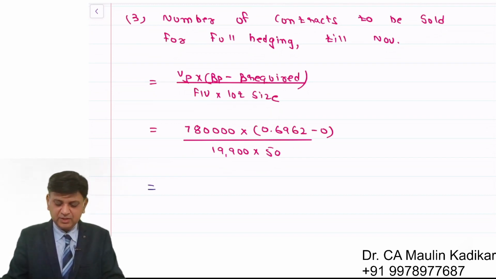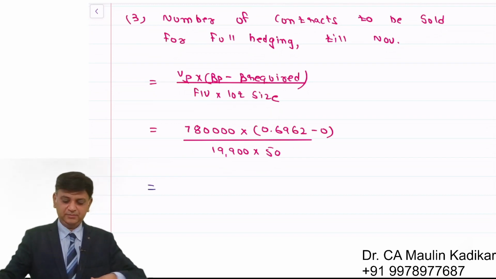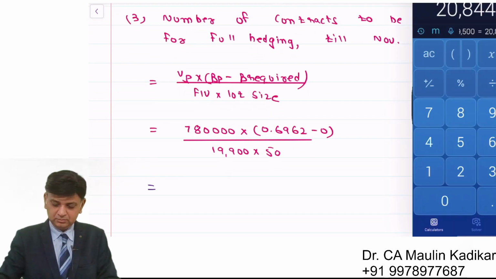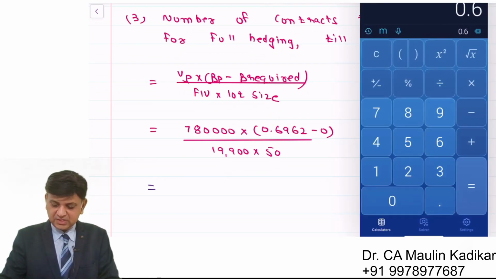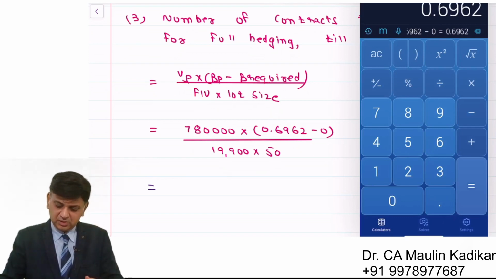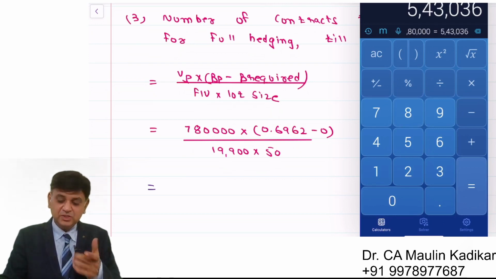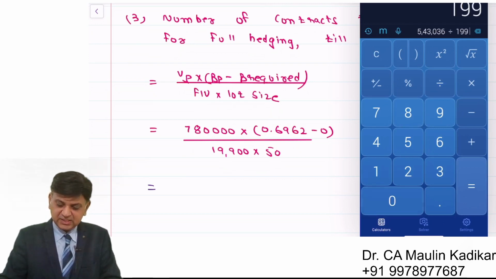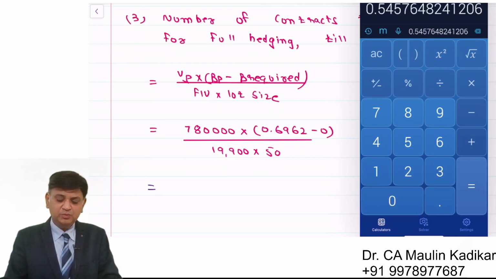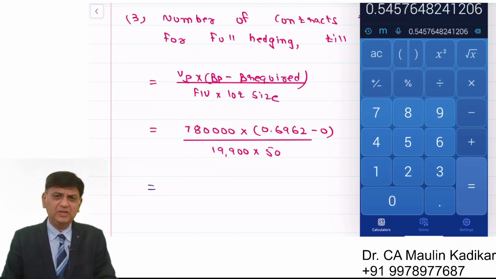This is the way number of contracts to be sold will be calculated. So 0.6962 minus 0. I am solving that bracket first of all into 7,80,000. That becomes the numerator, divided by 19,900 divided by 50. That comes to 0.5457. That is only one contract.